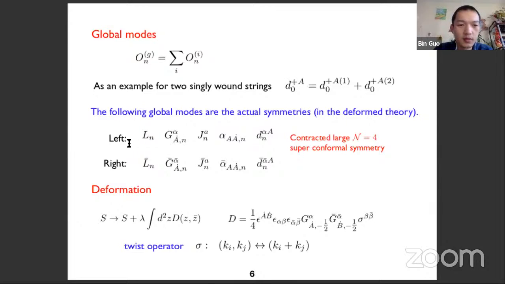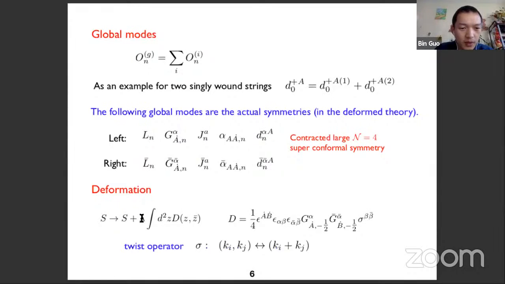This system has the left and right moving contracted large N=4 superconformal symmetry, and these are generated by the L, G, J, and alpha D modes. If you use the L, G, J only, this is called the small superconformal symmetry. These are all the global modes, so if we want to keep the symmetry, we should use only the global modes.